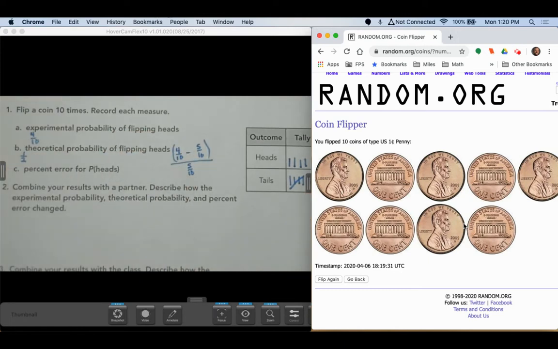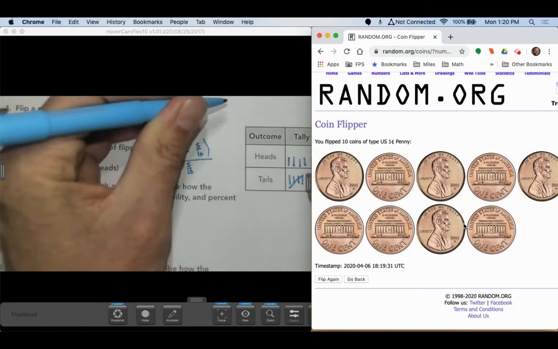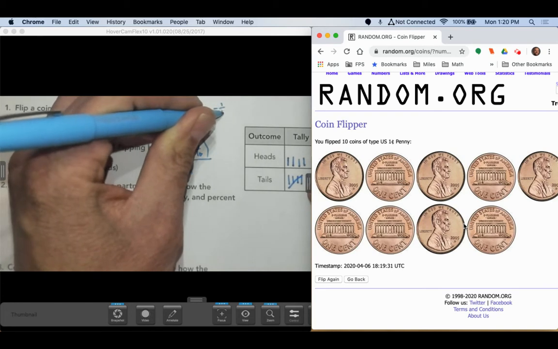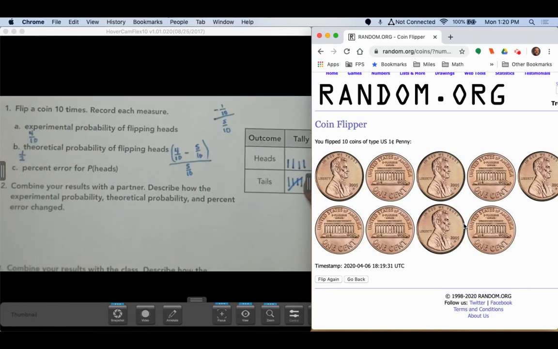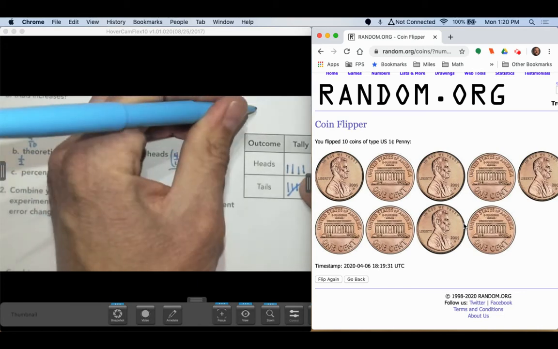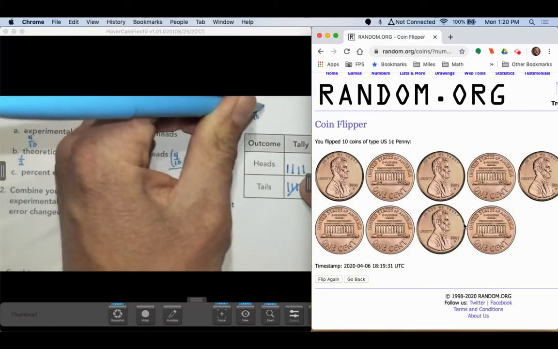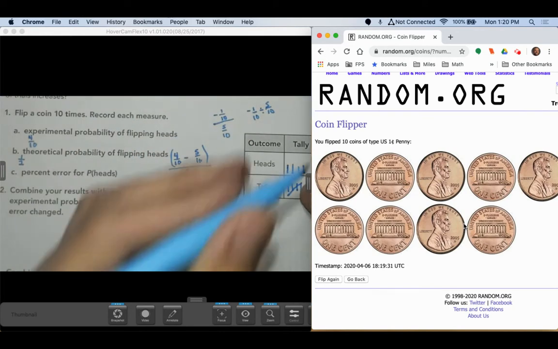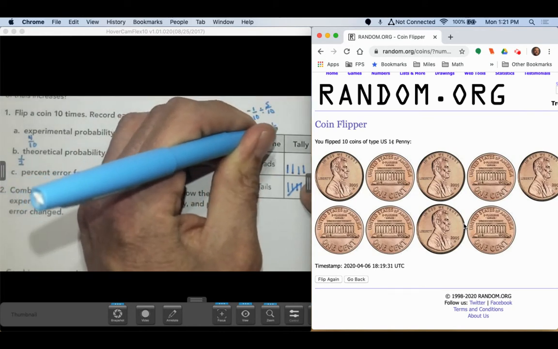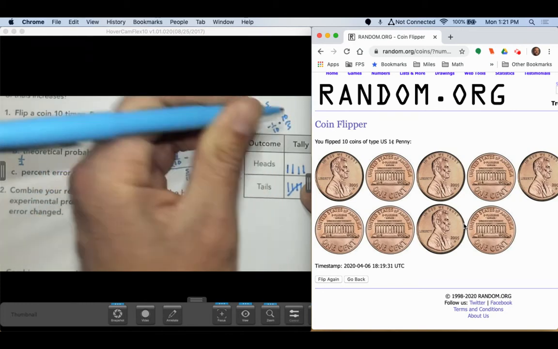Okay. And when I do that, that's going to be the same as -1/10 divided by 5/10. This is a complex fraction, but I could write it as -1/10 times 10 over 5.